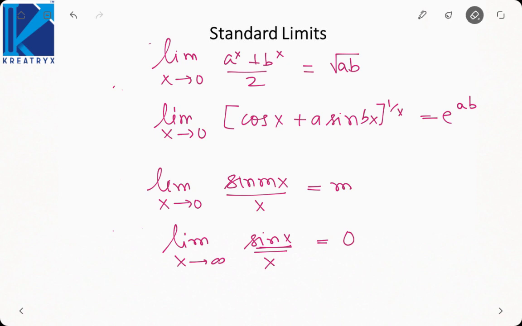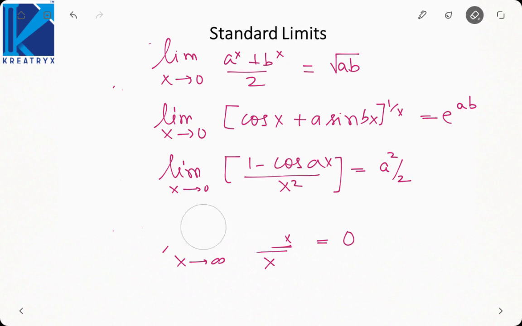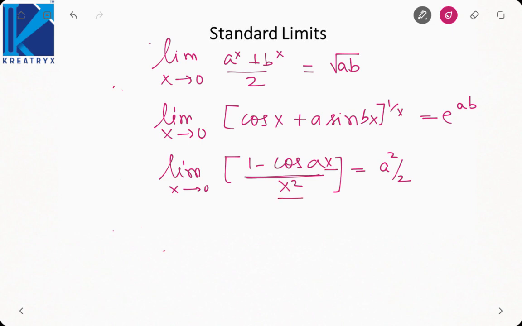Then the last is the limit as x tends to 0 of (1 − cos ax)/x². This will come out to be a²/2. Here also, it is a 0 by 0 form, because cos 0 is 1 and the denominator is also 0.